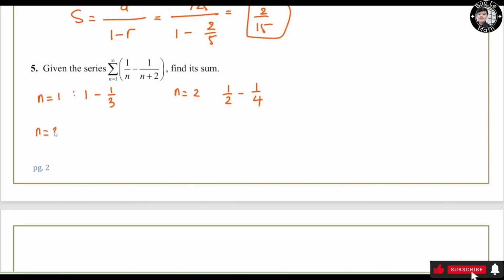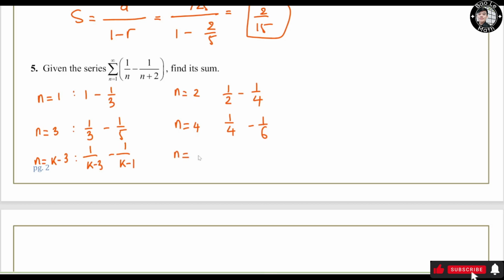N equals 3, we get 1 over 3 minus 1 over 5. N equals 4, we get 1 over 4 minus 1 over 6. Now we're going to generalize this. What if n equals k minus 3? We have 1 over k minus 3 minus 1 over k minus 1.